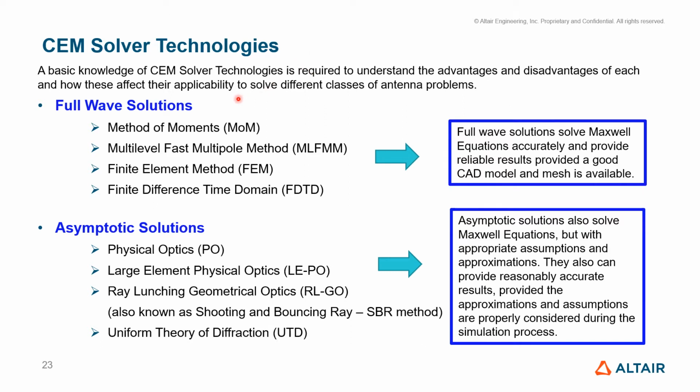So broadly, we can categorize these solution technologies as full wave solutions and asymptotic solutions. Full wave solutions means we solve Maxwell's equations accurately and provide reliable answers provided you have a good CAD model, the one we showed before, and also a good mesh for the CAD model. By that we mean a mesh that captures the geometry details, but also a mesh that is suitable for that frequency of operation.